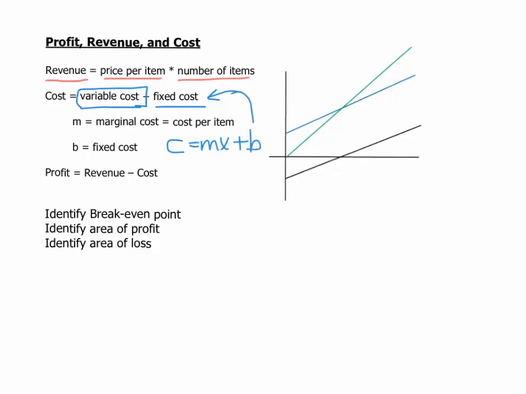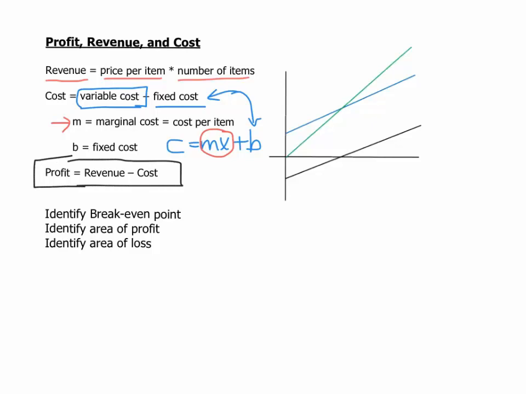The fixed cost is that b, and the variable cost is that mx. So the m is the marginal cost. This is the cost per item or the cost to produce one more. And the b, this is our fixed cost. Finally, our profit, this always equals revenue minus cost.